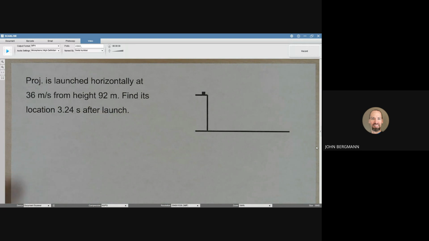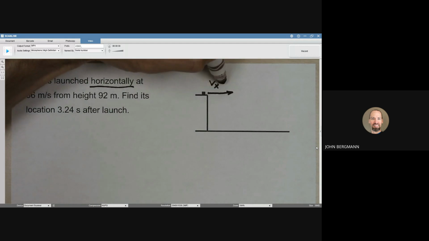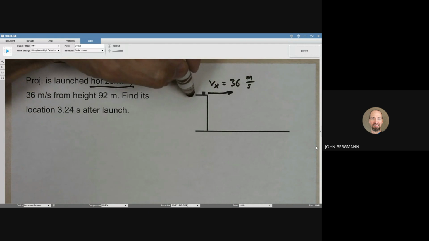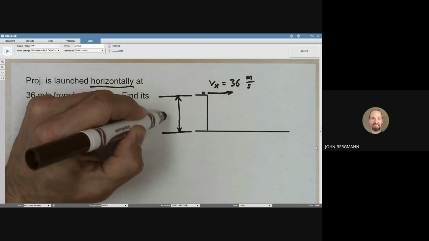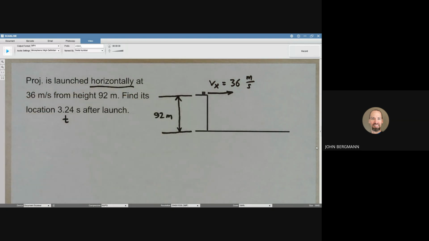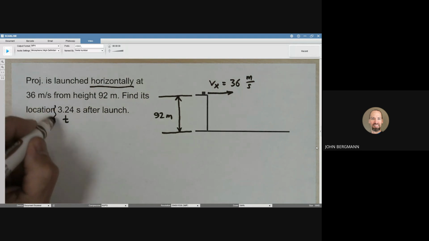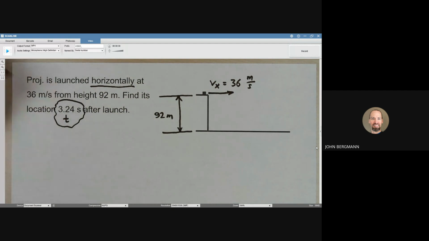Now we have something launched horizontally. So there it is. Vx is 36 meters per second from a height of 92 meters. So there's 92 meters right there. And we want to find its location 3.24 seconds after launch. So that's the time right there. Once again, as always, we need to choose a direction up or down to be positive.